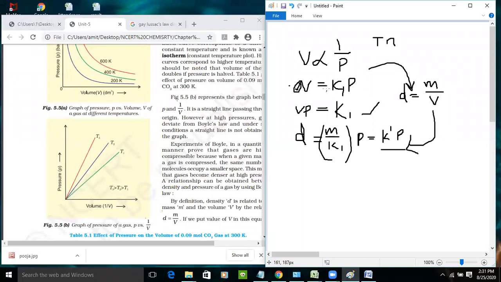So V is equal to k1 into 1/P. If we rearrange this equation, we get VP is equal to k1. This k1 is the Boyle's law constant.